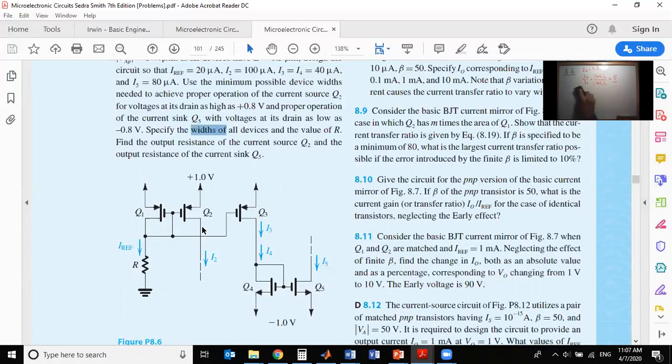Okay, now we can do the same thing for the other ones. Similarly, you will find W3. How much is it? Can you tell me quickly? 3 and 4 are 4 times IREF, right? Or 2 times.